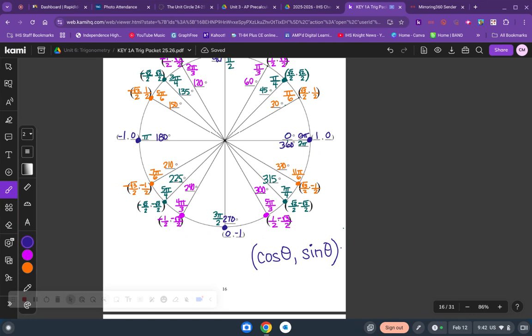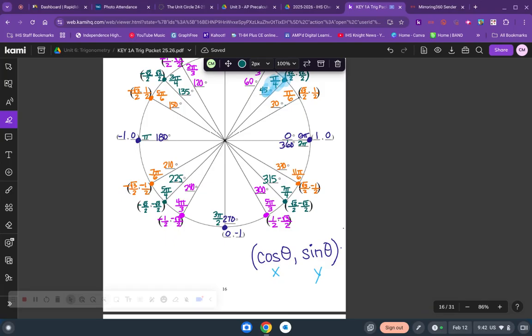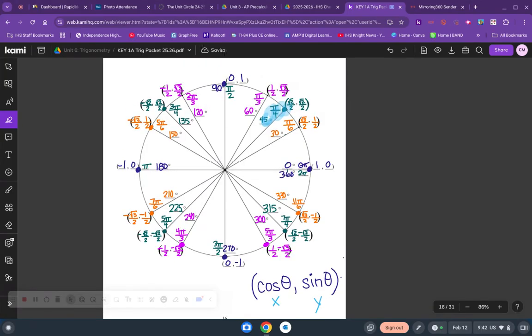Since I know that cosine corresponds to the x coordinate at that location, I would find 45 degrees, and then if they're asking me what is the cosine, I just have to look at the x coordinate. So the cosine of 45 degrees would be square root of 2 over 2.